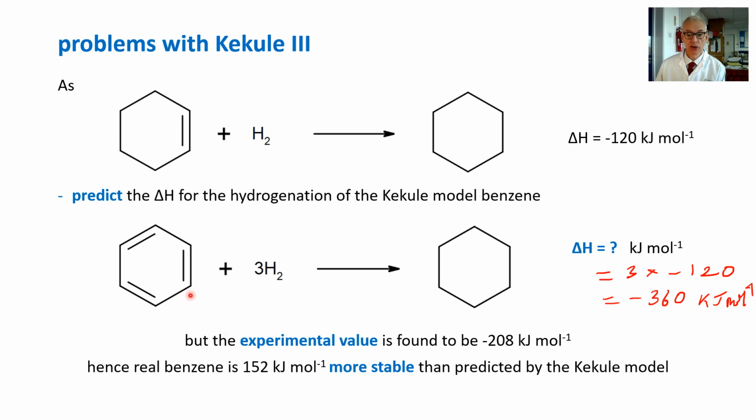So the Kekule structure would predict a hydrogenation enthalpy of minus 360. Real benzene only releases 208 kilojoules per mole. That means that real benzene is 152 kilojoules per mole more stable than the molecule in the Kekule model.